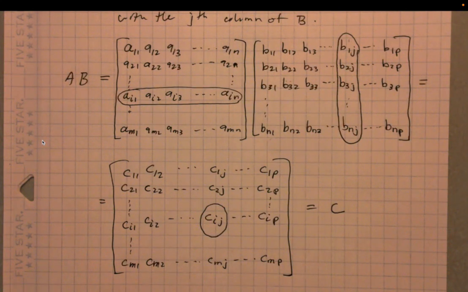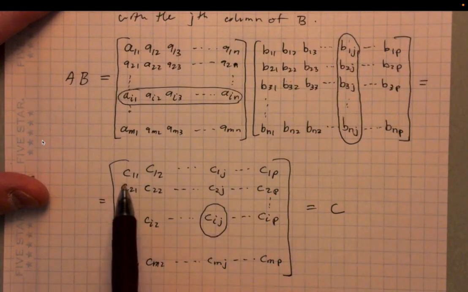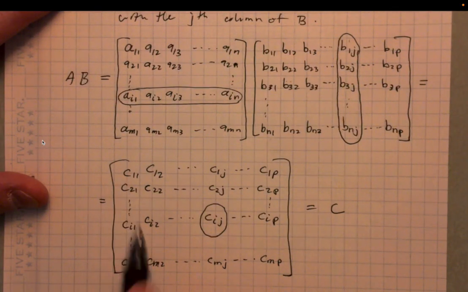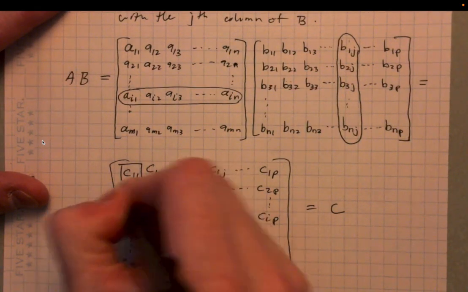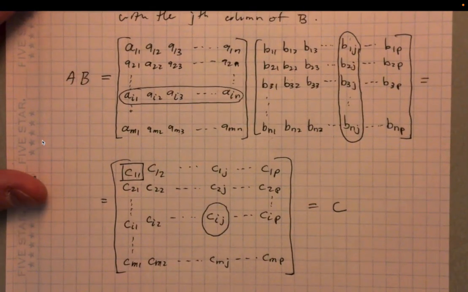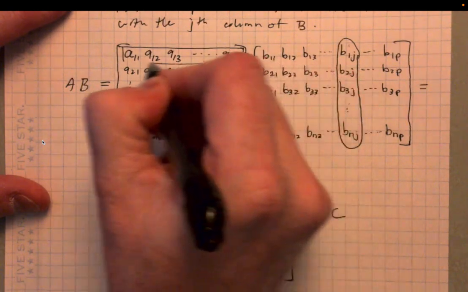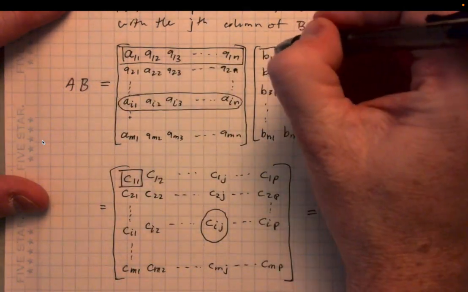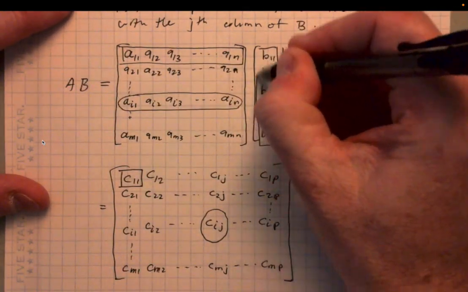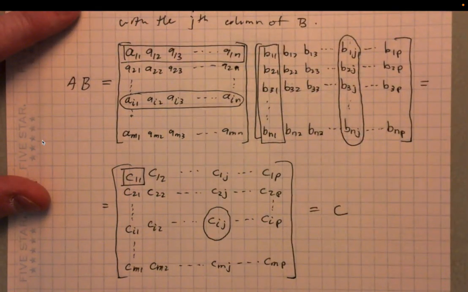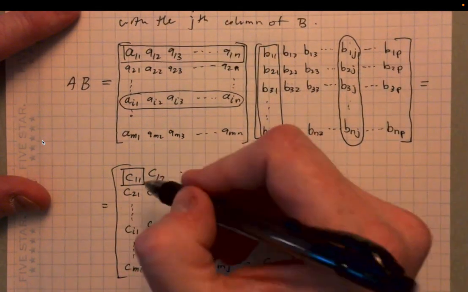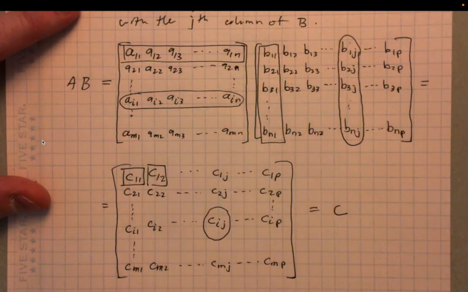And so similarly, if I wanted to know what the value of C11 is, what would I do? Well, I would take the first row of A and I would dot it against the first column of B. If I wanted to know C12, what would I do?